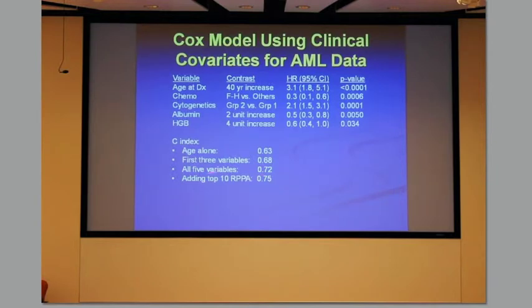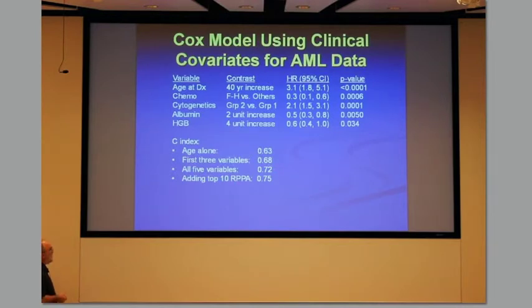And then I looked at the best 10 protein expression values just by ranking them by their individual concordance indexes with survival times. You can just compute the concordance index between a marker and survival. You can do that for all 200 of them, rank them, and pick the top 10. And you can see that when you do this in a mindless way, you don't increase the predictive accuracy that much.